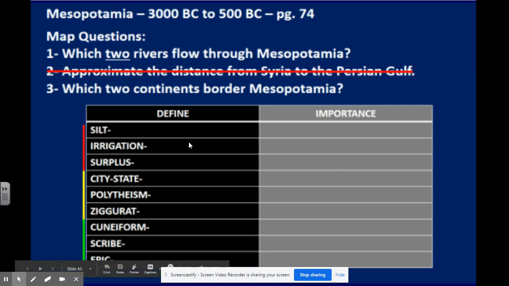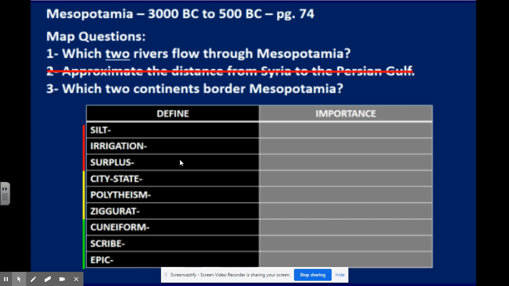I'll say that one again because it's a bit of a longer one: an amount that is left over after the need has been met. This clearly deals with food. So this is talking about building up your surplus of food. Once you have your minimum need met for everybody, you're going to need extra. So that's what surplus goes with.